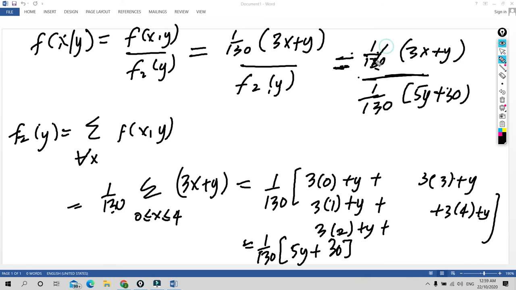You can cancel out the 1 over 130 on both, so I have here (3x plus y) over (5y plus 30). This is the final answer for the conditional f(x given y).